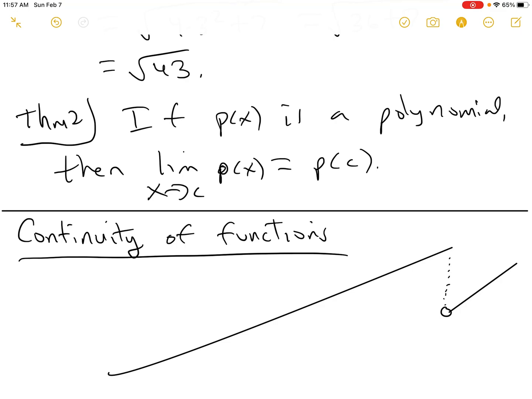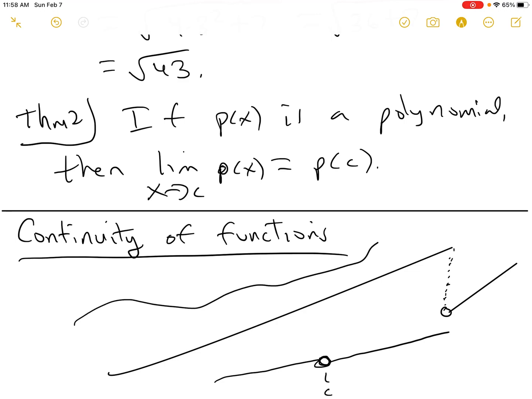Or even if you have just a hole, at this point the function is discontinuous, and here it's got a jump discontinuity. As long as your pencil stays on the paper, the function is continuous. That's the layman's way of speaking of continuity.